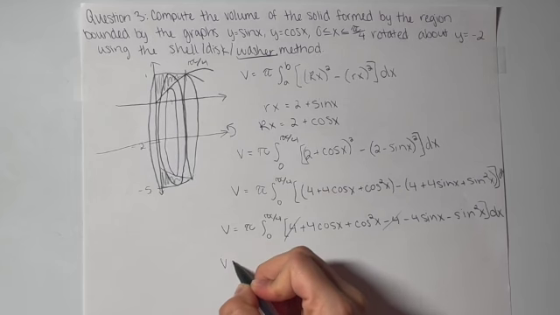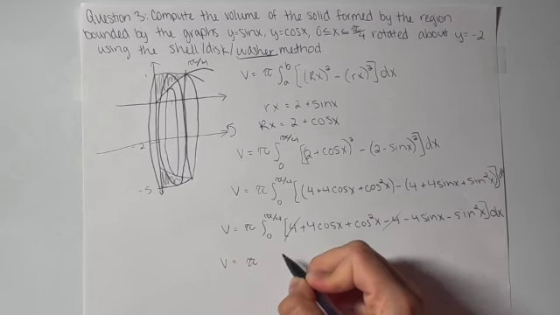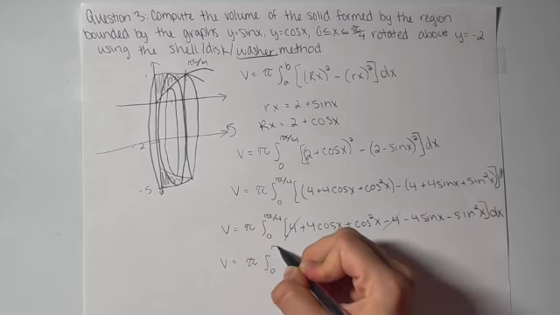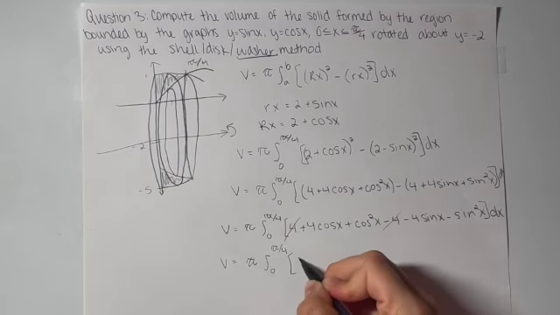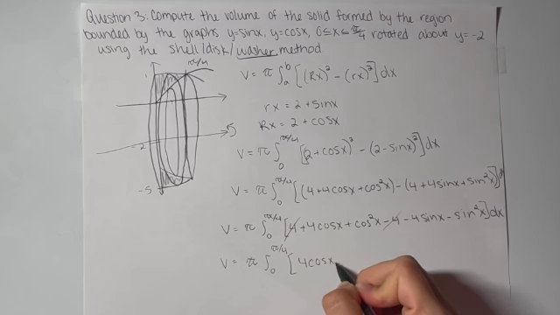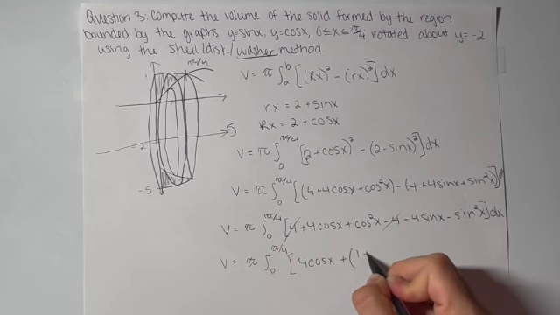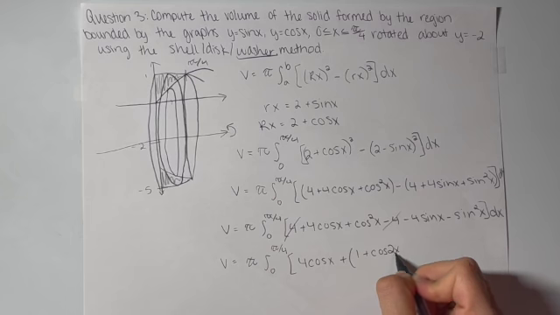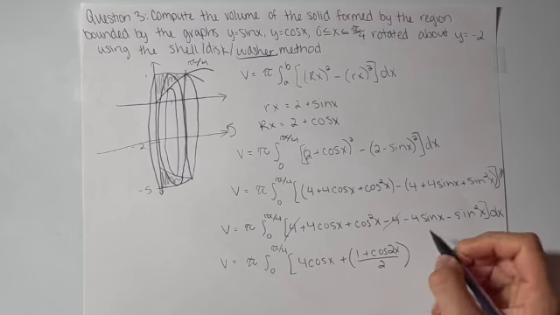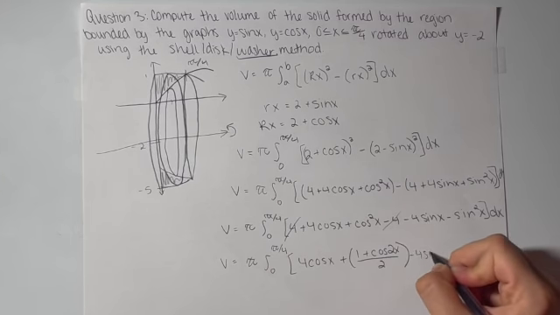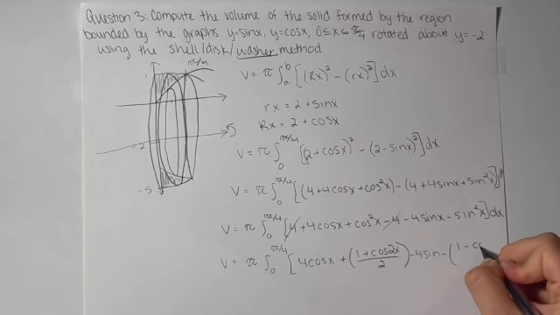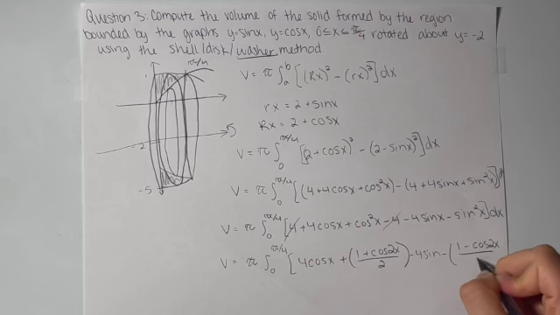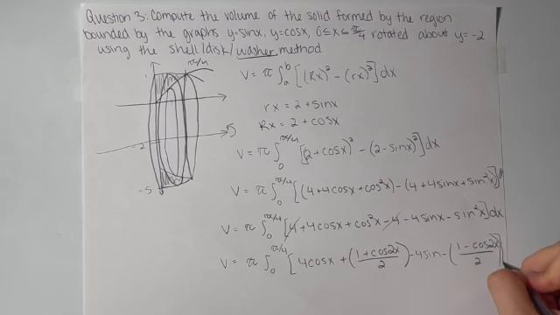Then we would get V is equal to pi integral from 0 to pi over 4 of 4 cosine x plus (1 plus cosine 2x) over 2 minus 4 sine x minus (1 minus cosine 2x) over 2 dx.